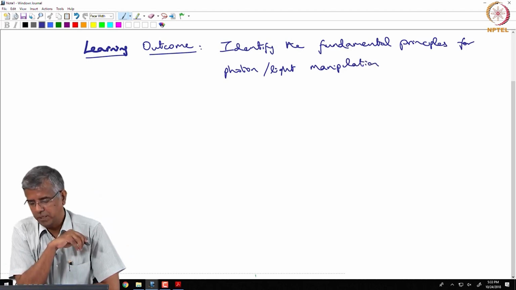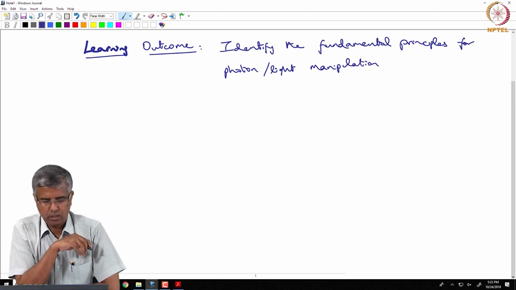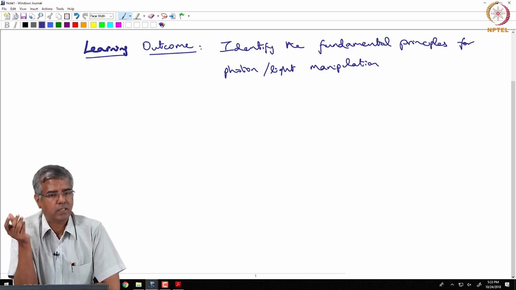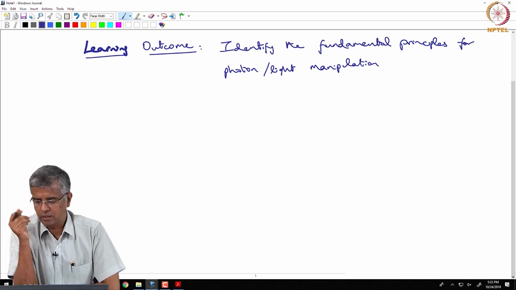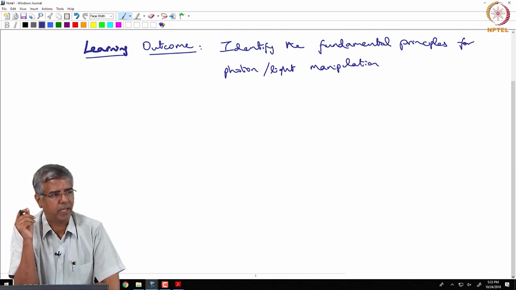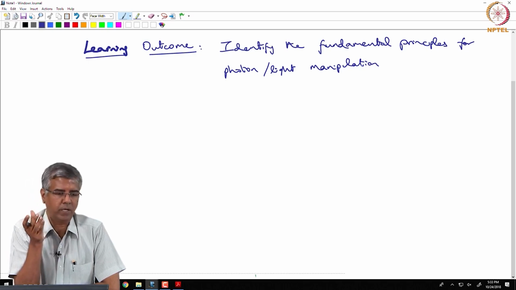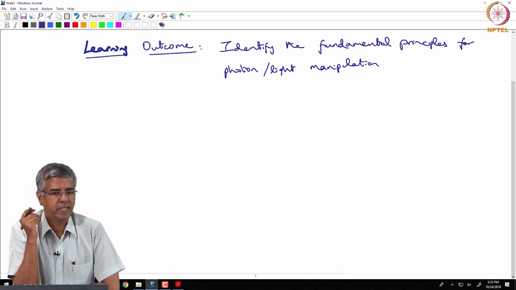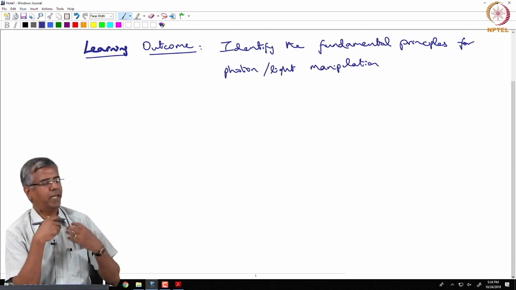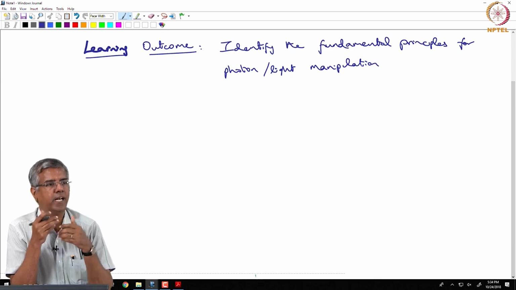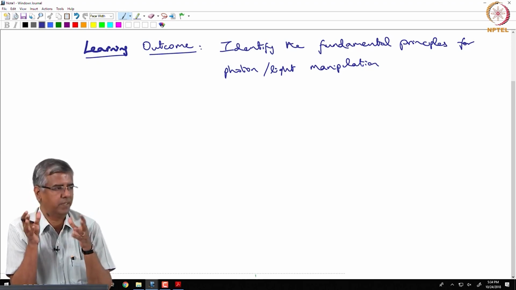Okay. So how can we manipulate light? How can we change the properties of light that we have? So for example, how can we change the intensity of light? You have light emitted from a source, but suppose you want to modulate that light externally, right?